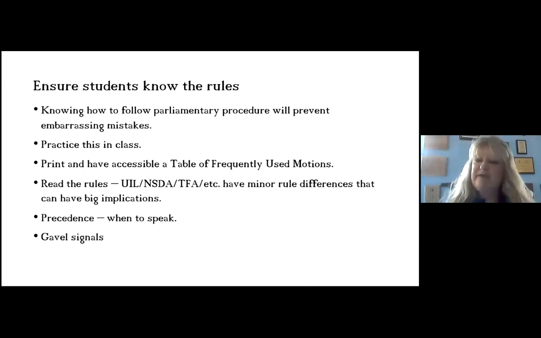So if you have a small team and you can't really do a full round of Congress practice because you don't have enough students, coordinate with others. Coordinate with other schools, or even, if you have students in one of your classes that need some kind of extra credit, let them come in and do that as part of a grade.